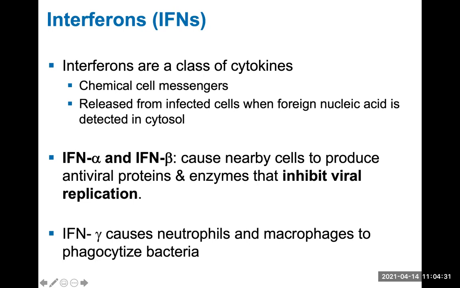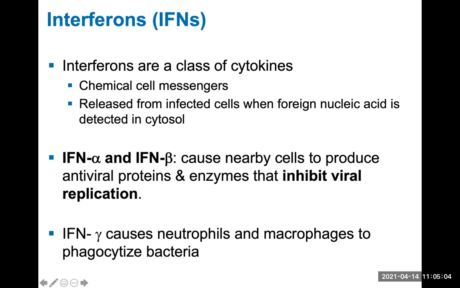Once a cell becomes infected, it will start to secrete interferon alpha and beta so that its neighbors know that the virus is coming, and they can start making antiviral proteins and enzymes so that they don't become infected. Interferons are messengers that cause a reaction, right?